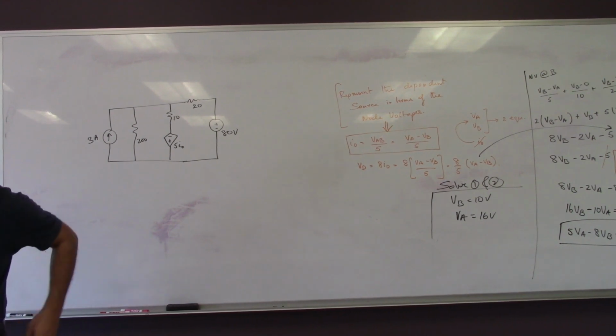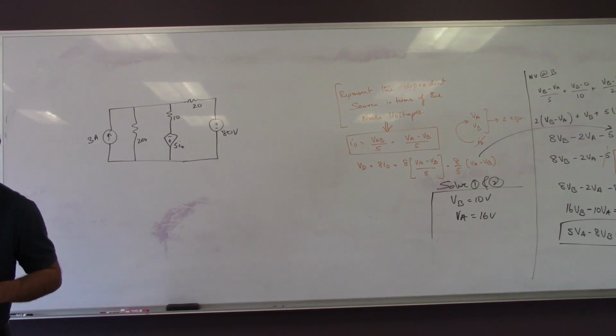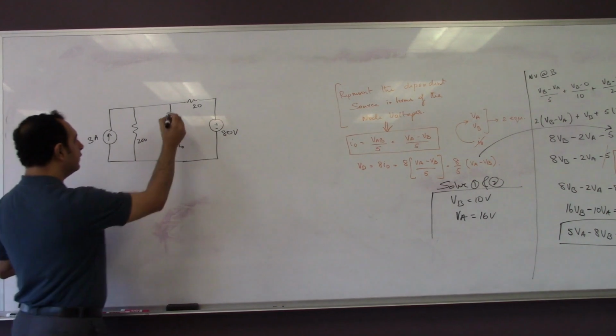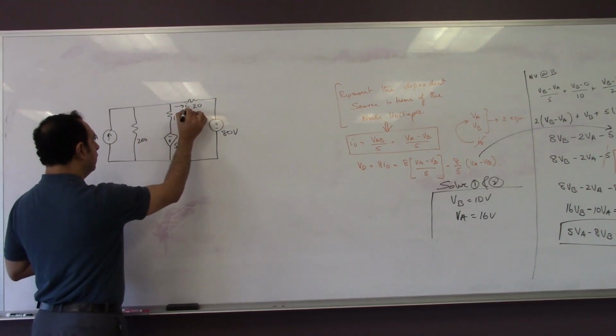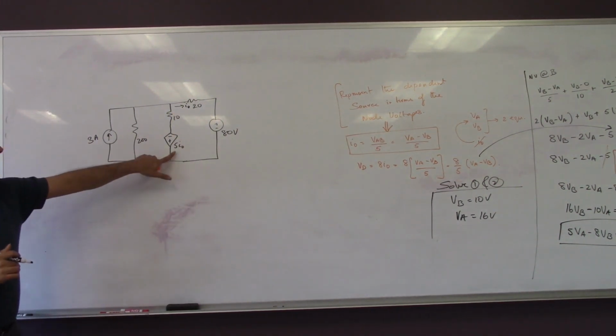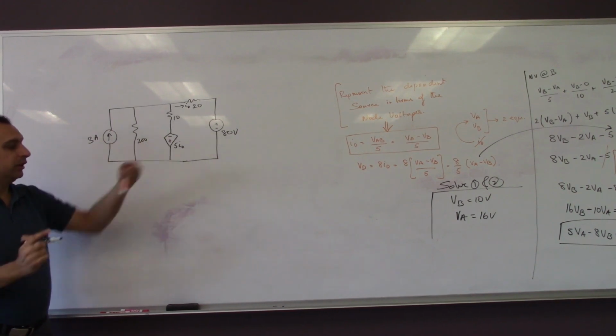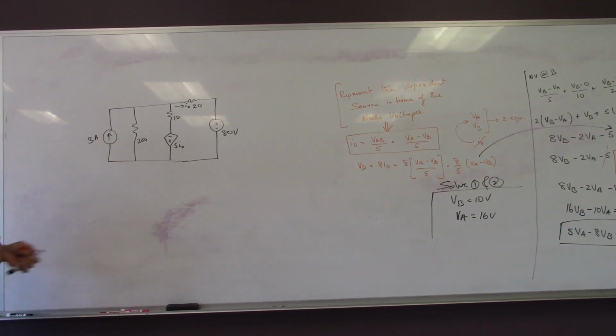And this is I naught. So 5 I naught and that is I naught. You need to find what is V naught. V naught is this voltage.